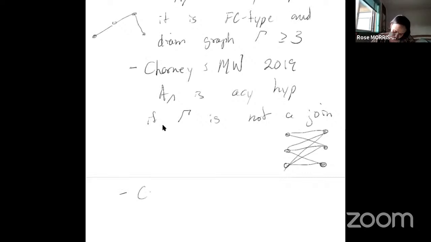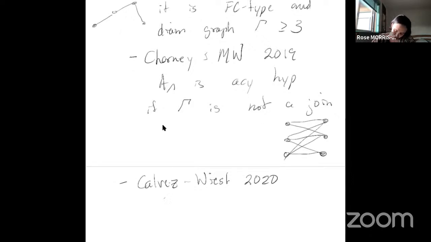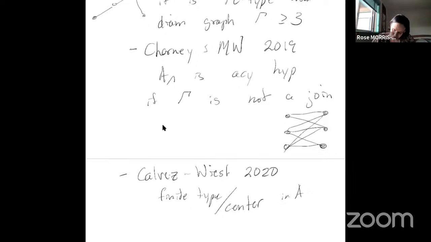But there's also another interesting direction. This is by Calvis and Wiest in 2020. So if I take a finite type group and I mod out by its center, so we already talked about how we know the center of a finite type group, this is going to be acylindrically hyperbolic.